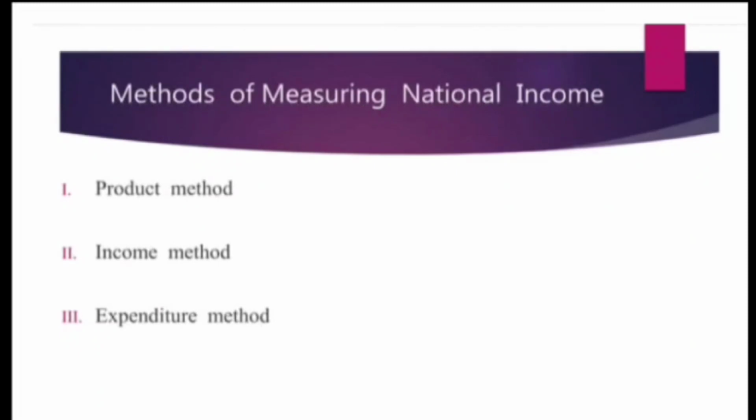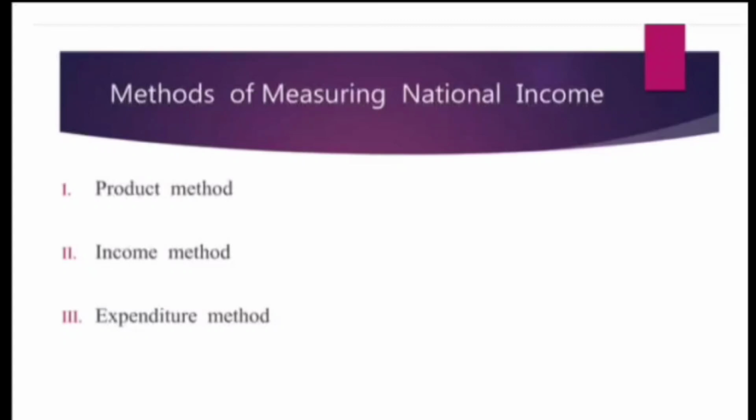The main sectors which produce value added are agriculture, manufacturing, construction, transport and communication, banking, administration and defense. There are various precautions in the product method, that is the problem of double counting, value addition in a particular year, stock appreciation, and production for self consumption.